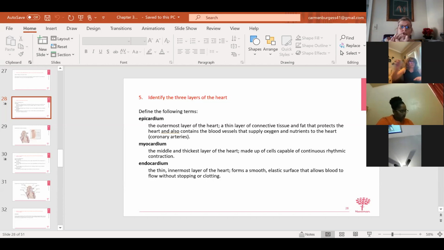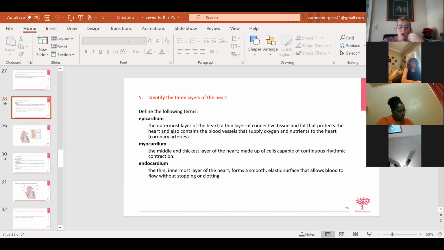If the sac fills up with blood or fluid, it will squeeze the heart and cause an irregular heart rhythm, an arrhythmia. It's called cardiac tamponade. So what do we need to know? That the heart sits in the pericardium and that there are these 3 layers.